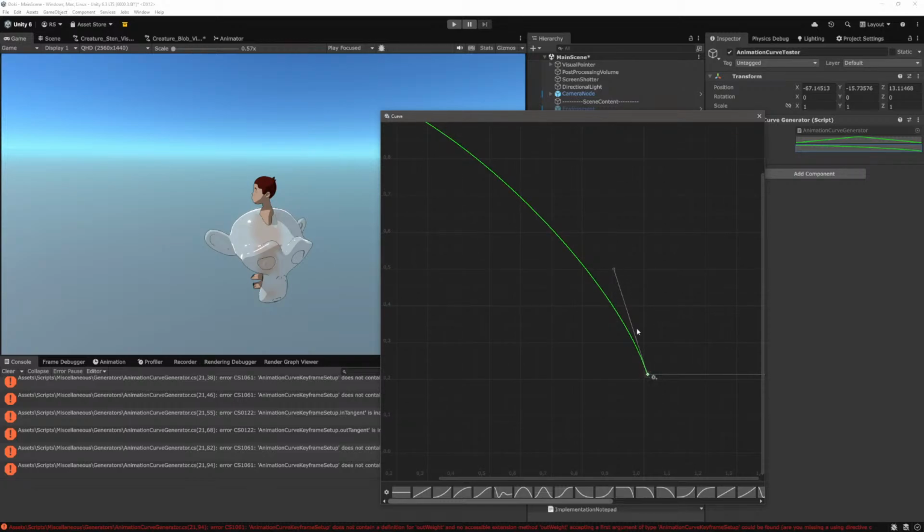We have to take this one into account. So it's 0.5 minus point time or value. So we get 0.3 and then we divide it by this x minus this x. So we just do a simple slope calculation. So that's 3.